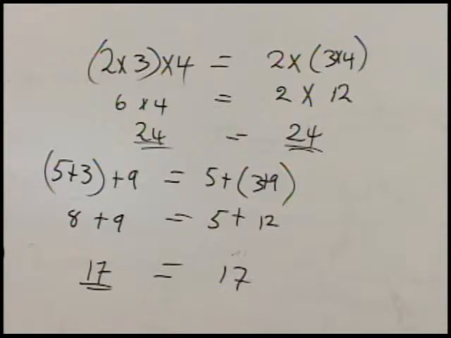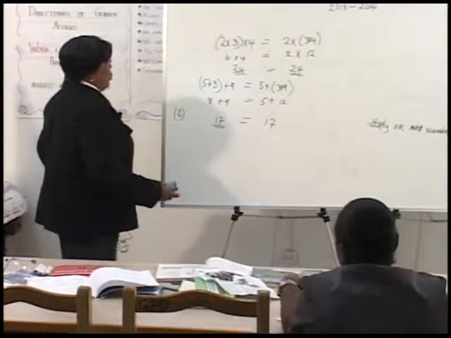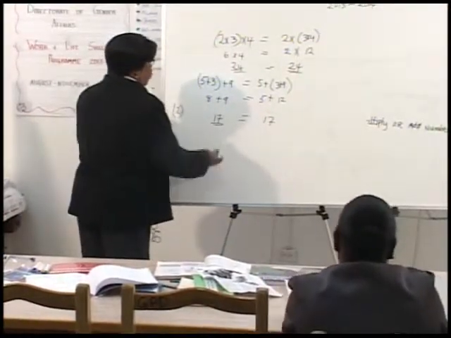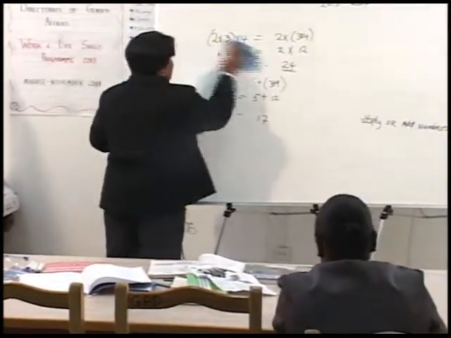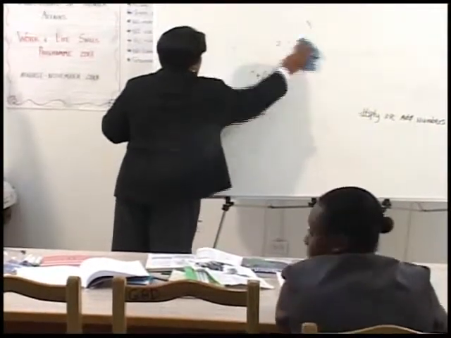Can we go on to another rule before we move off from here? We're going to say yes, because we don't want to leave this distributive rule outside. So we're going to introduce you to what we're going to call our third rule, the distributive law.